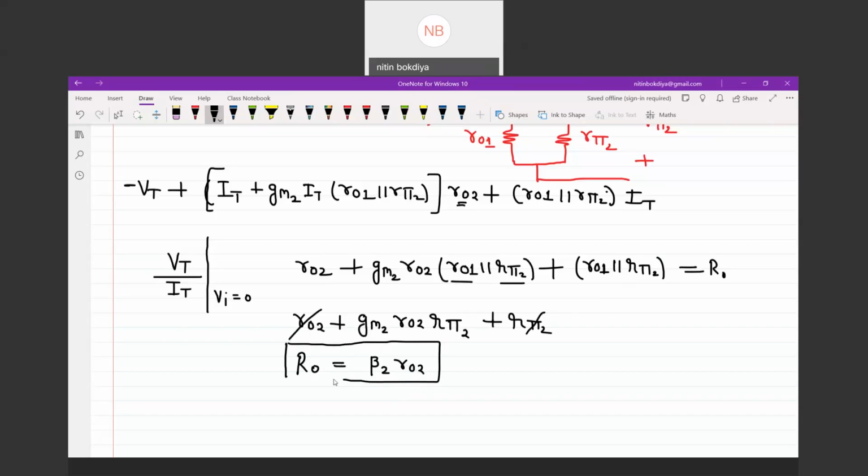This circuit is known as a resistance magnifier, resistance amplifier. You can say it amplifies the resistance. How much resistance was there earlier? It's R02. Now you are having resistance of beta 2 into R02, it's 100 times more than before. So can I say resistance magnifier?